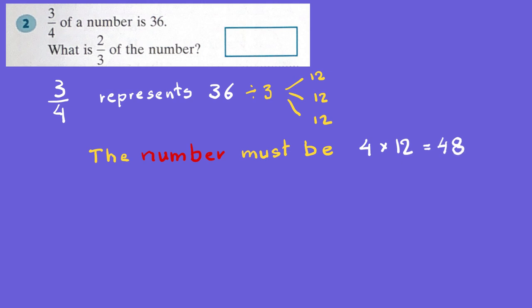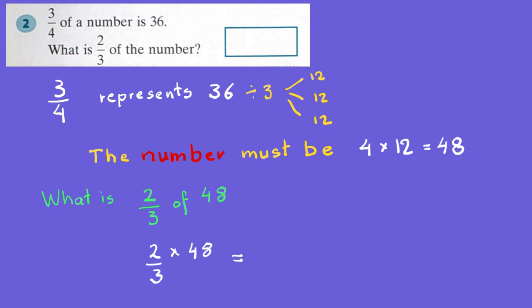And now the second part of this question is, what is 2/3 of that number? When you write this like that, what it really means is you're multiplying 2 over 3 multiplied by 48.